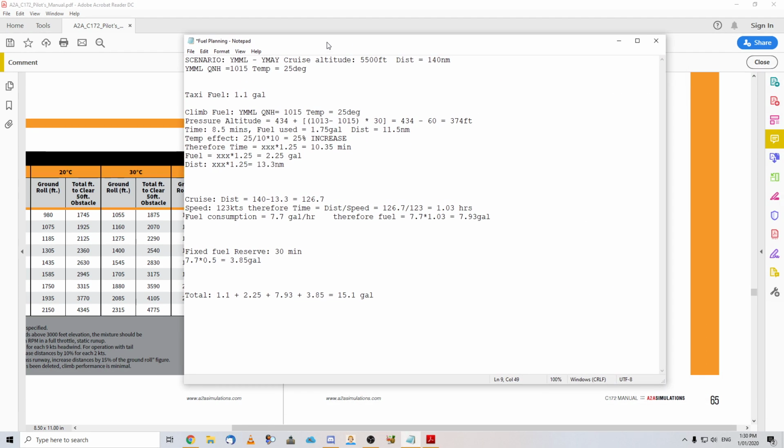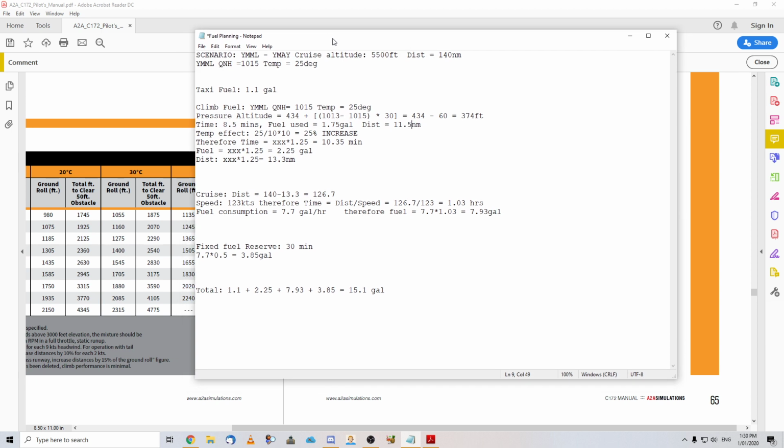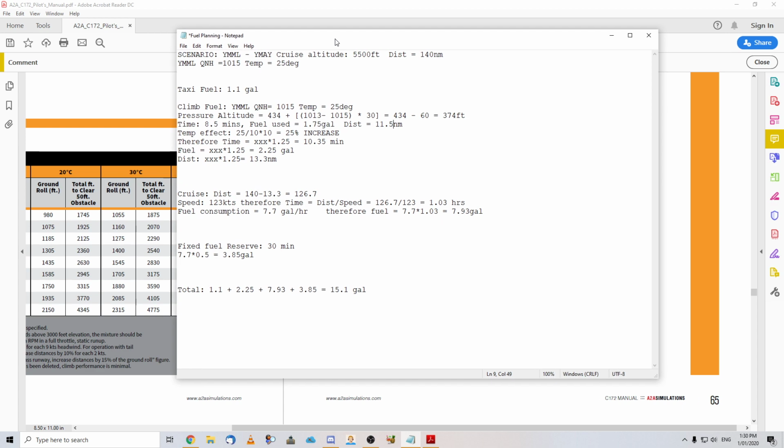Because temperature has an effect on aircraft performance, and it reduces. The higher the temperature, the less the performance capabilities of the aircraft. And as you guys flying jets know, in really hot temperatures it takes a lot longer runway to get in the air than on a colder day.